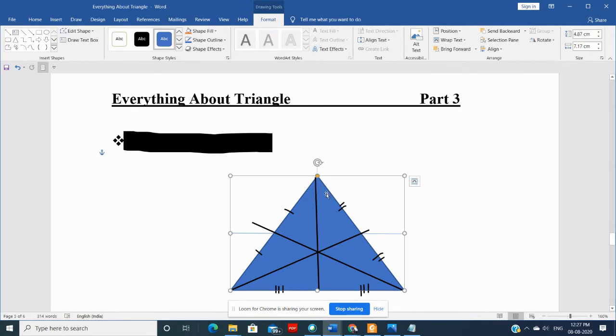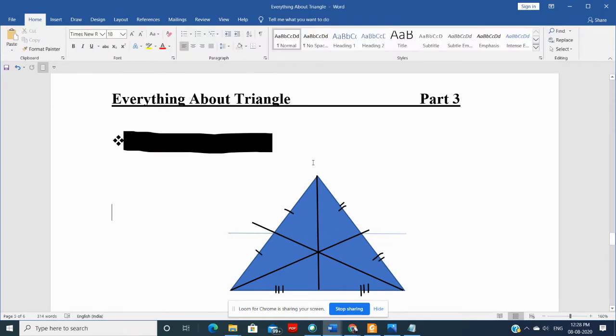Now you can see here that I have joined vertex to midpoint. Here also vertex to midpoint. And here also vertex to midpoint.